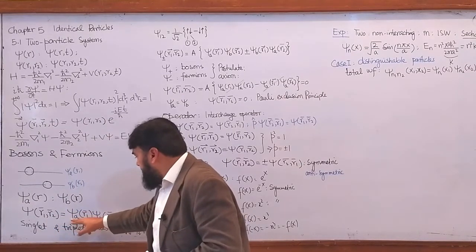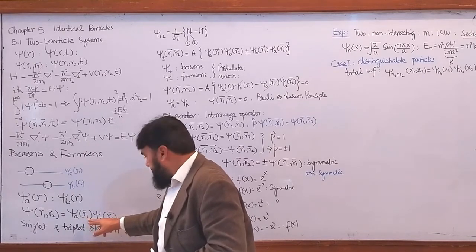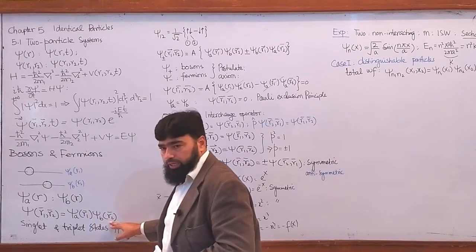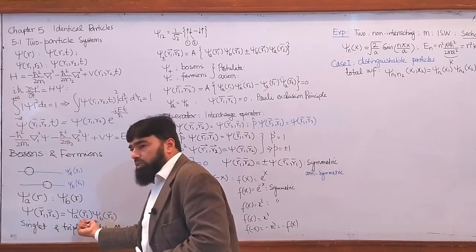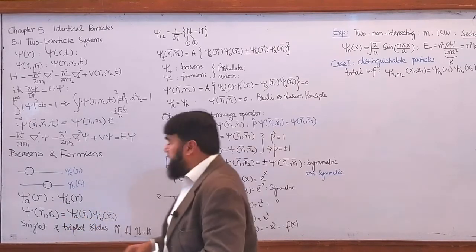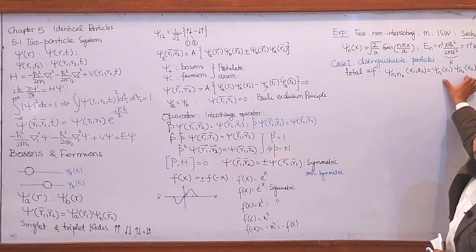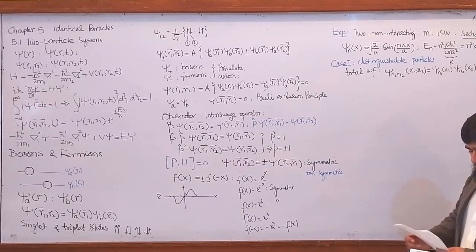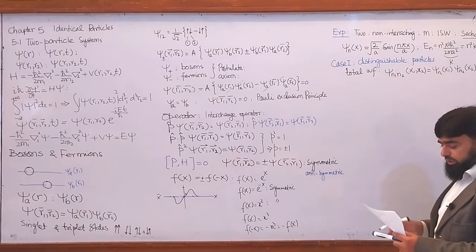So it will be individually psi n1 of x1, psi n2 of x2. Clear? Means I can write it as a product of the individual states. So this is a product of individual states. Clear? Okay.